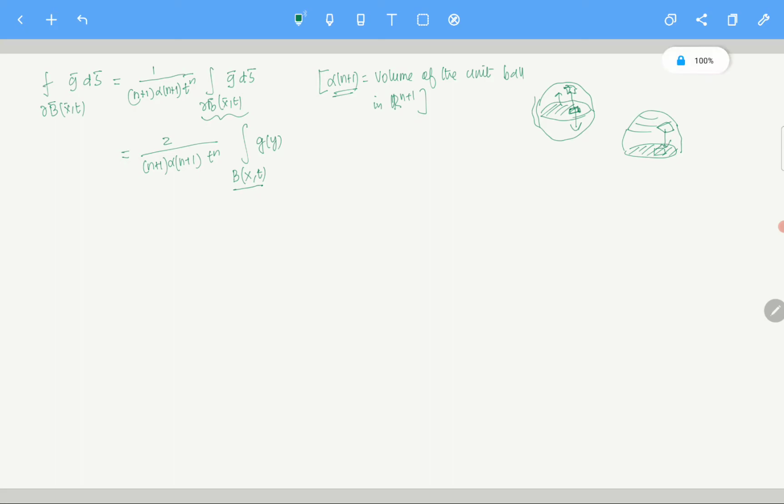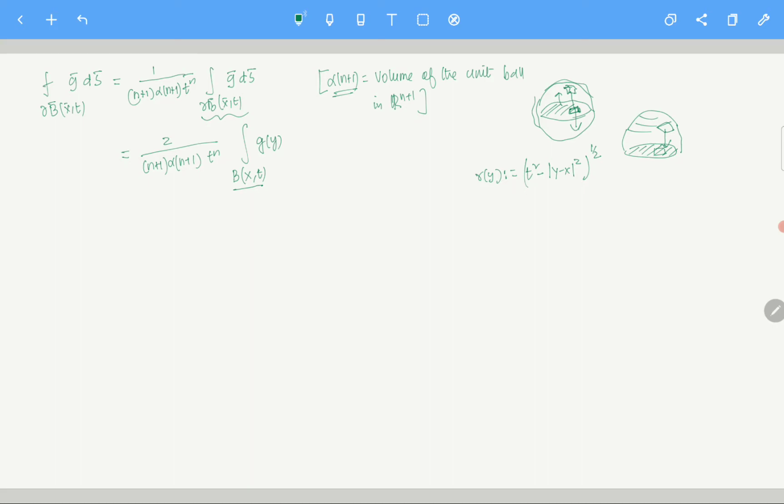Of course, what is the graph of the upper sphere, the hemisphere? That will be given by gamma of y, which is (t square minus mod y minus x square) whole power half, right?